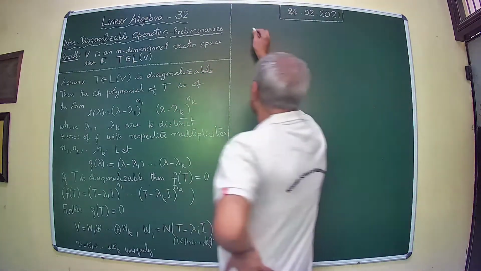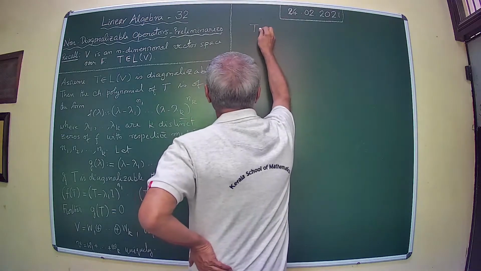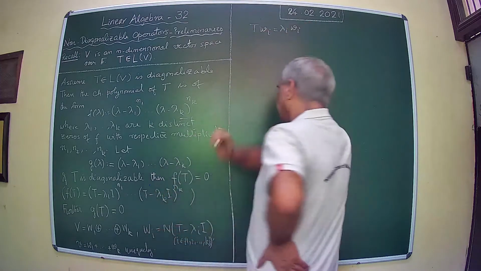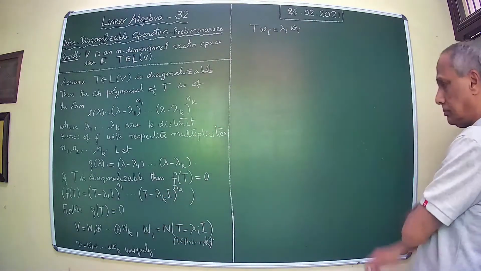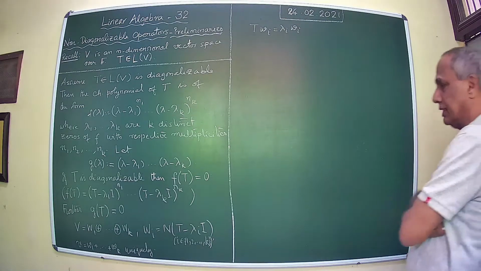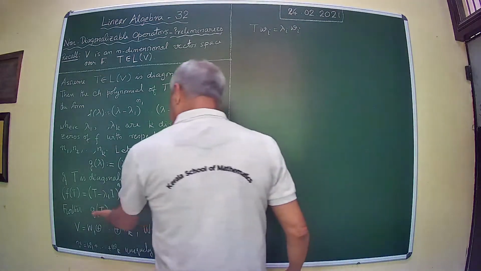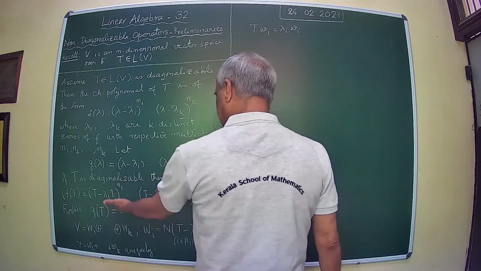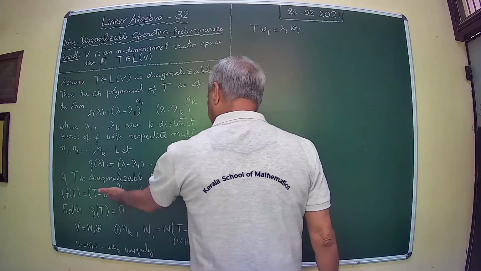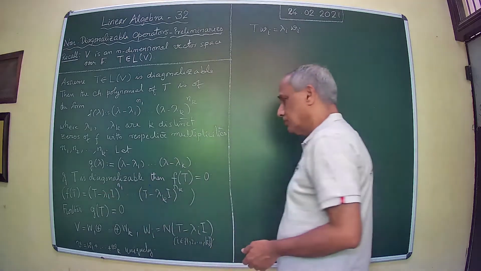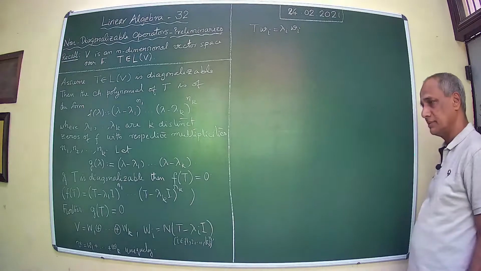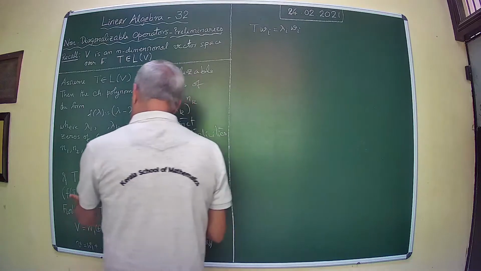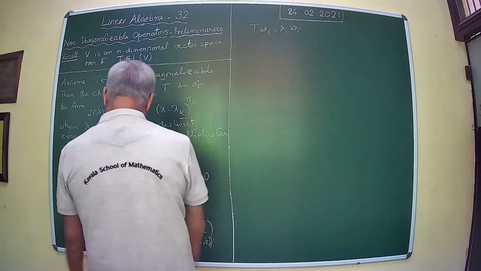So we have this property: T of w i equals lambda i w i. Now let us make use of this. Then we see that we can easily verify that all these factors are commuting factors. Okay, they do commute, so it is immaterial in which order you write this. Now that's the important thing.